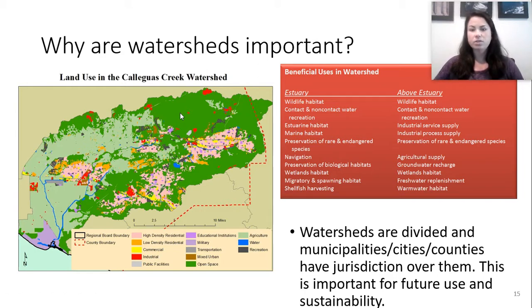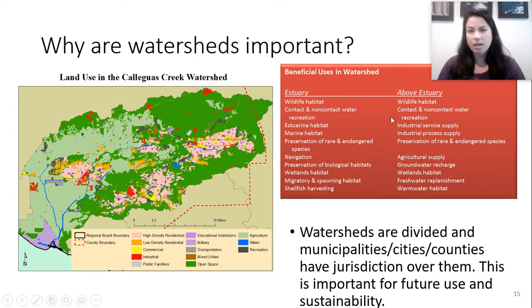So watersheds, again, are divided into municipalities or cities, and they have jurisdiction over them. And it's important for future use and sustainability that the owners of the watershed protect the water. Otherwise, you have an issue where people are using too many resources, or there's no way to sustainably have enough water for things like residential areas or for agriculture.